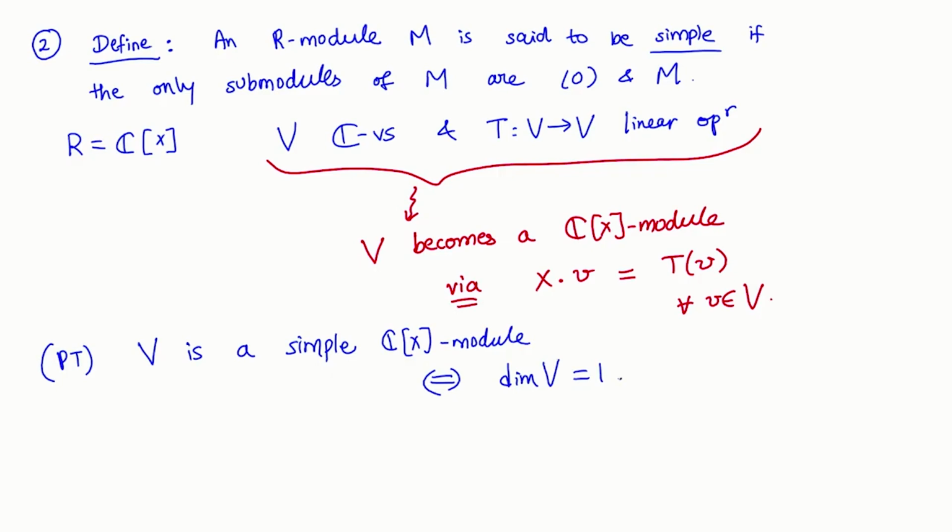So we need to prove that the only way in which V can be a simple C[x] module is if its dimension is 1. Let's prove this.